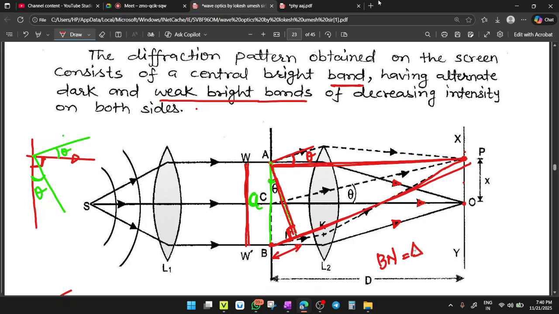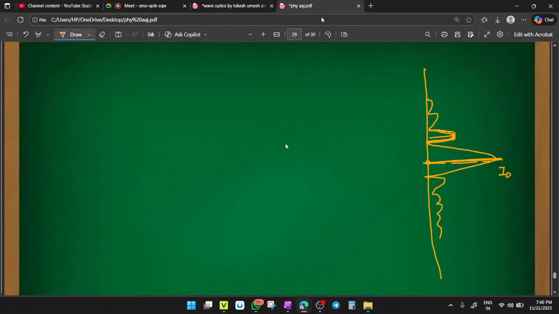Now, this distance is A and this angle is theta, then the path difference equals A sine theta. How? Use trigonometry. We just draw a perpendicular here, so this is equal to 90 degrees. This is your path difference, and this angle is theta.